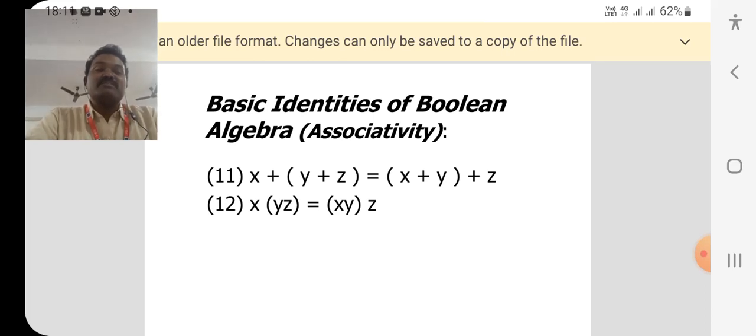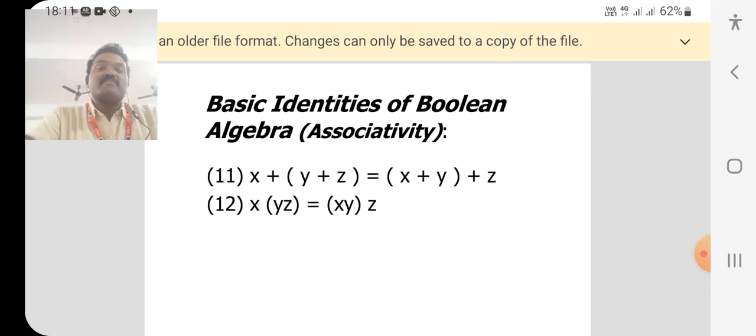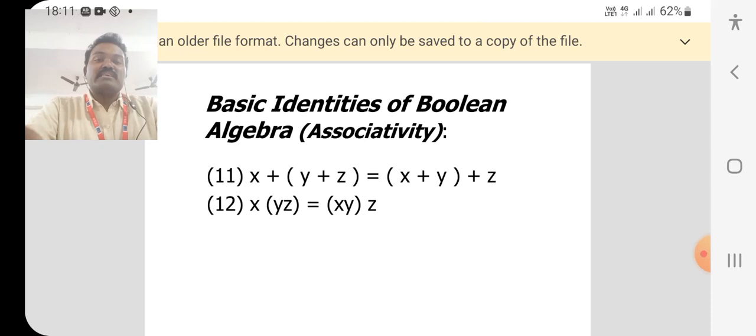The associative law is x plus y plus z is equal to x plus y plus z, grouped either way. This is associative law 1. Then associative law 2, x of yz is equal to xy of z.